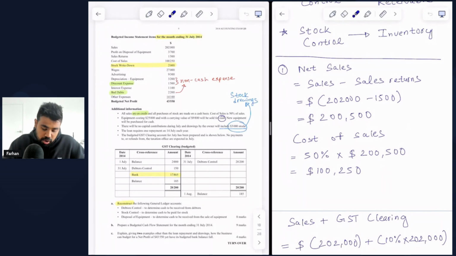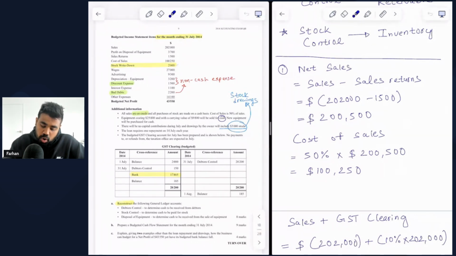So you're losing some money there, but you obviously need to record it and you call that an inventory write-down. So this expense, inventory write-down, is what you can find within the income statement because it's an expense. And this is stock write-down, which is the same as inventory write-down, and that's $2,000.